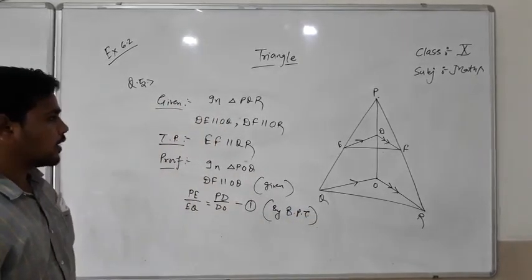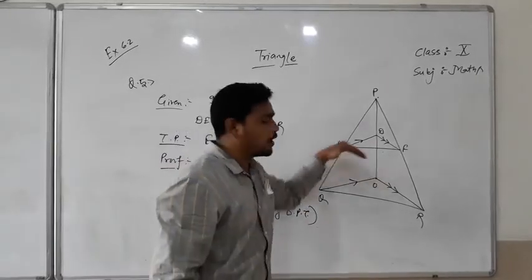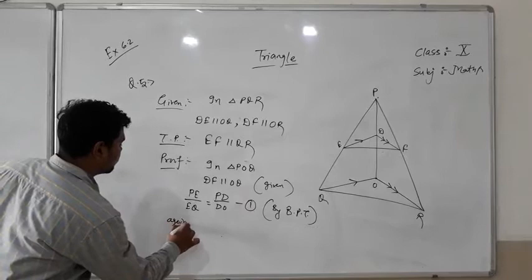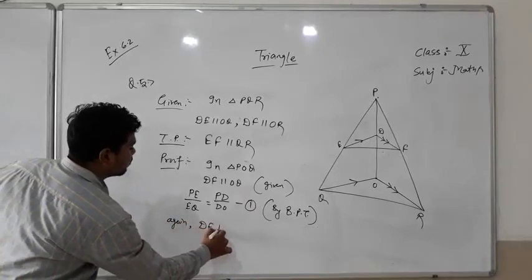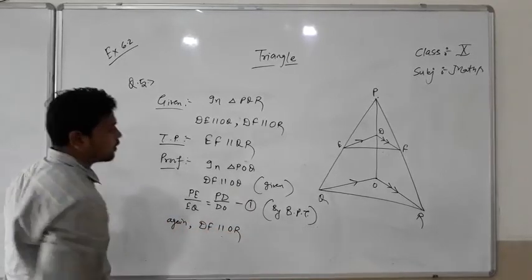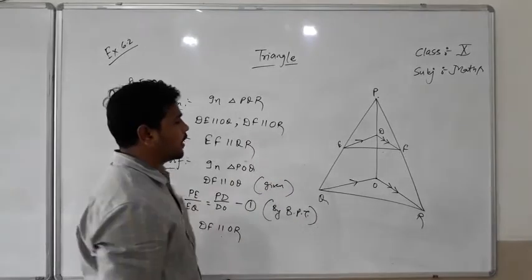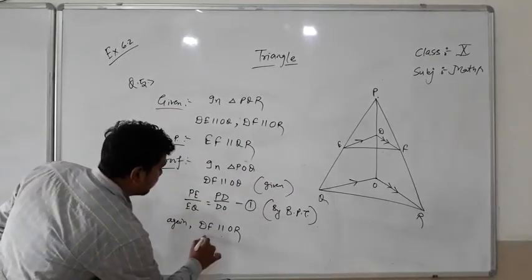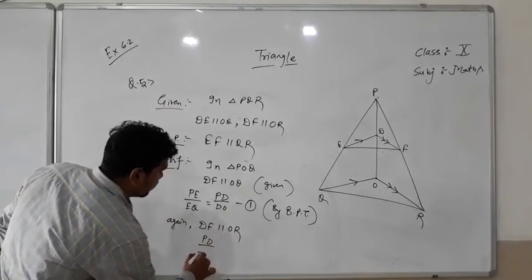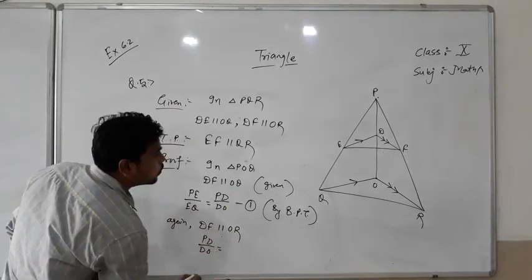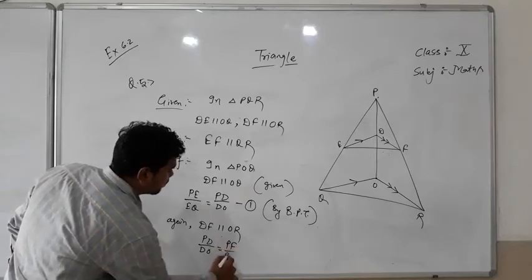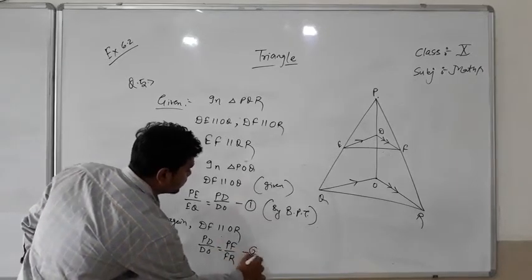Now we will come on the other part. Now DF is parallel to OR, and again DF is parallel to OR. DF OR के पैरेलल है. अगर DF OR के पैरेलल है तो देखिए PD upon DO is equal to PF upon FR. That is the second equation.